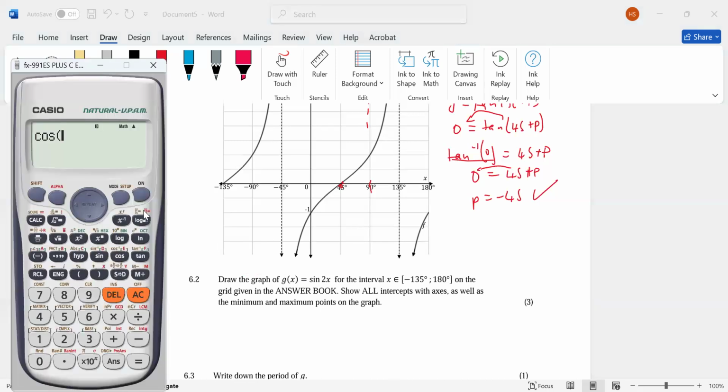So we go to mode, table. Sine of 2 alpha X, close bracket, equals.